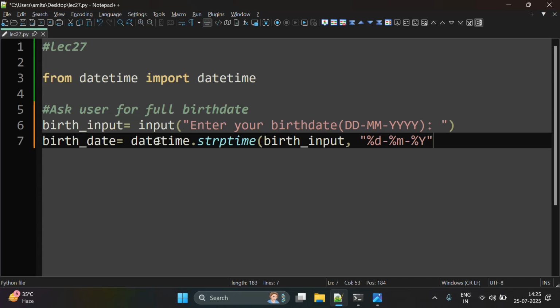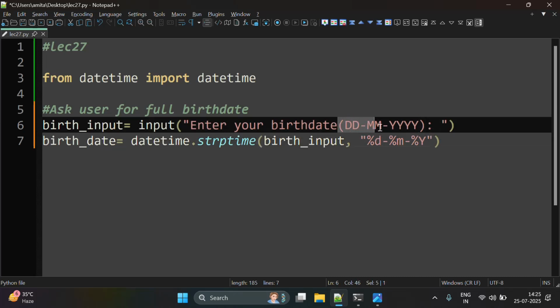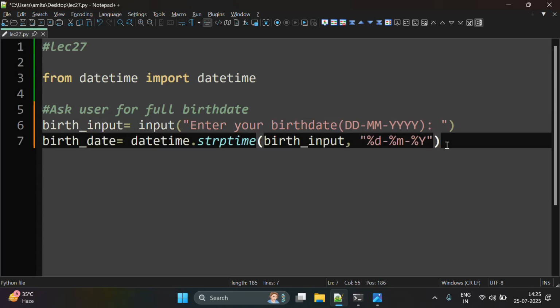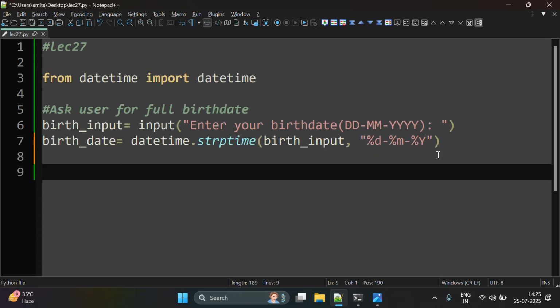So what does this mean? The birth date input by the user in this format is converted into a format wherein the computer can understand that date and subtract it from today's date easily.